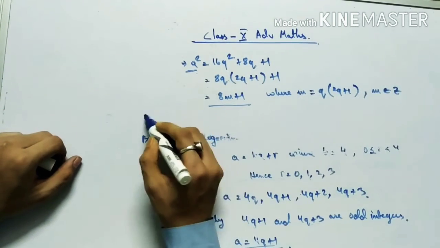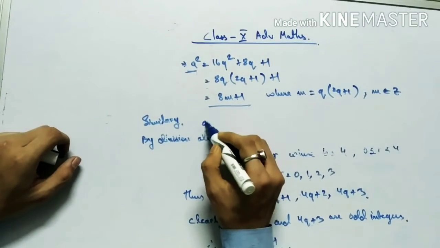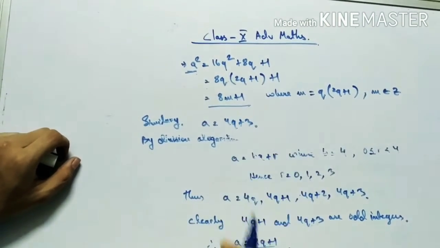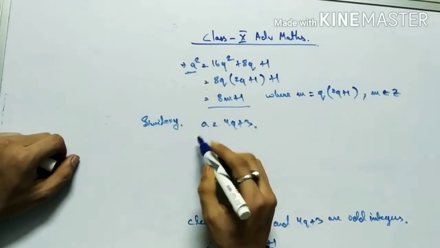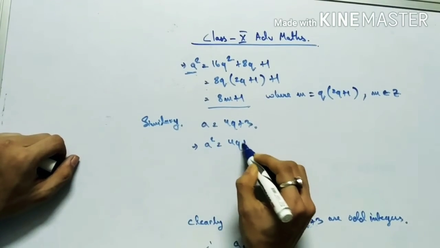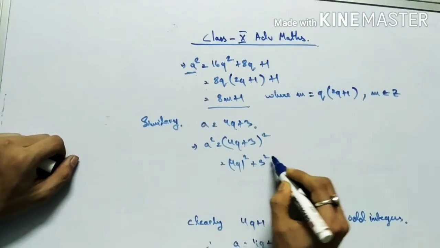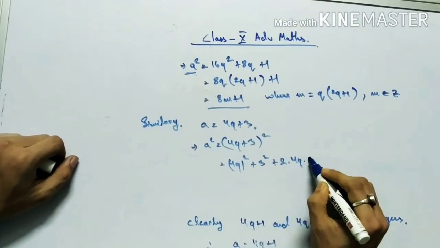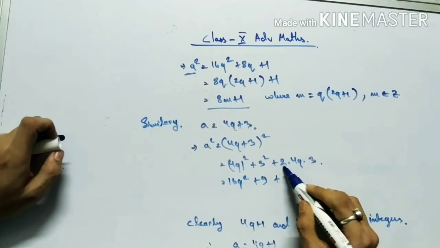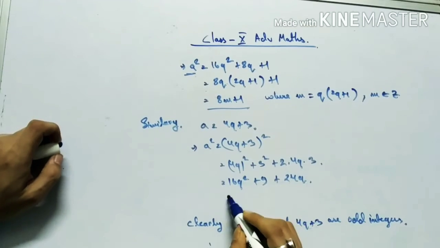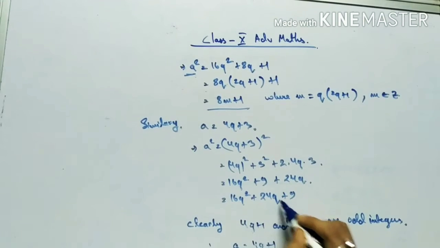And next, similarly, a equals 4q plus 3. Again, squaring both sides, I will get a squared equals 4q plus 3 the whole square, equals 4q the whole square plus 3 squared plus 2 into 4q into 3. This is 16q squared plus 9 plus 24q, since 4 twos are 8, 8 threes are 24q. So this equals 16q squared plus 24q plus 9.